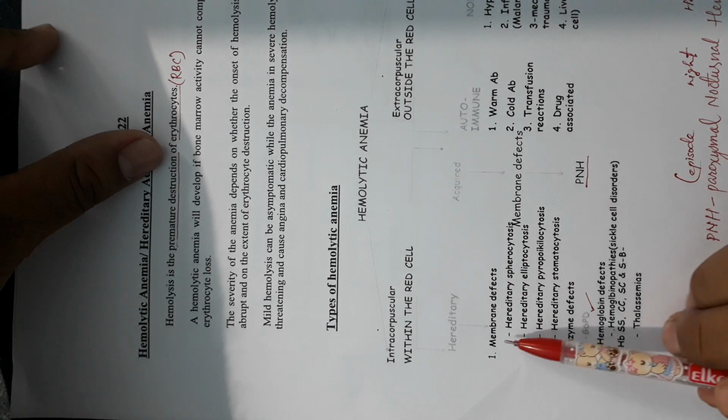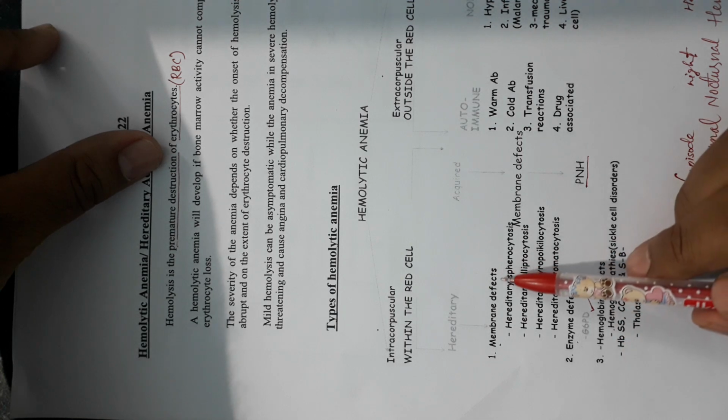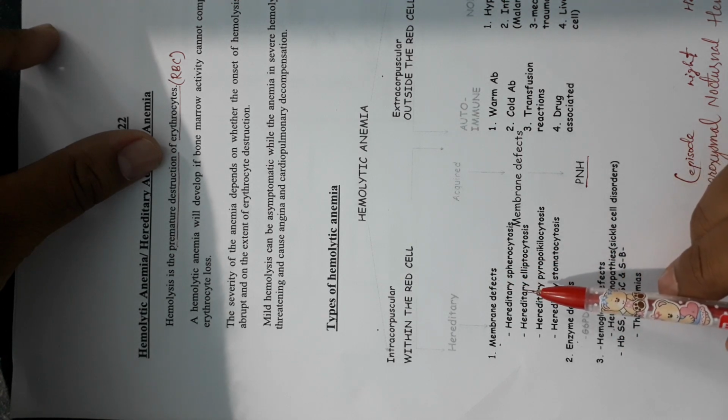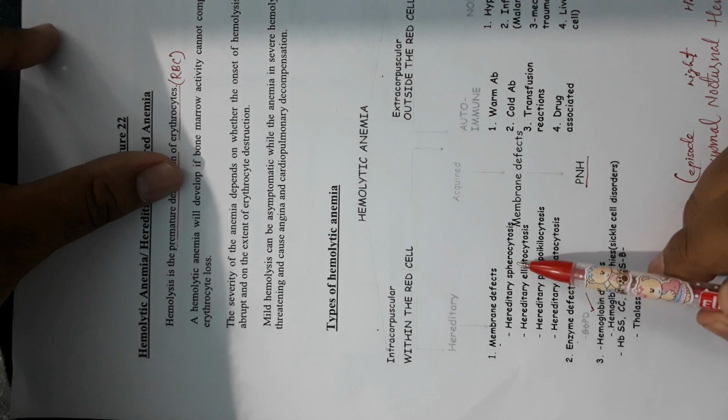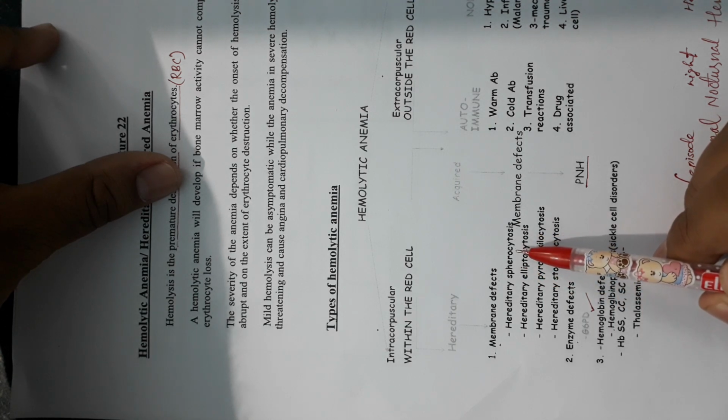Hereditary is again of three types: membrane defects, enzyme defects, and hemoglobin defects. In membrane defects, there are conditions like hereditary spherocytosis. It is a condition where the RBC becomes sphere-shaped, but we know that the normal RBC shape is biconcave, which makes it very flexible.